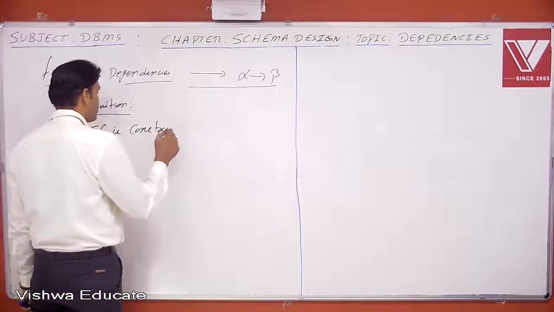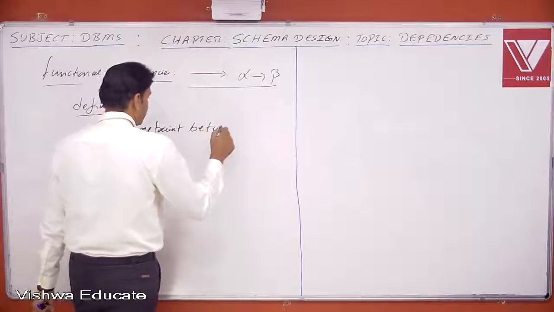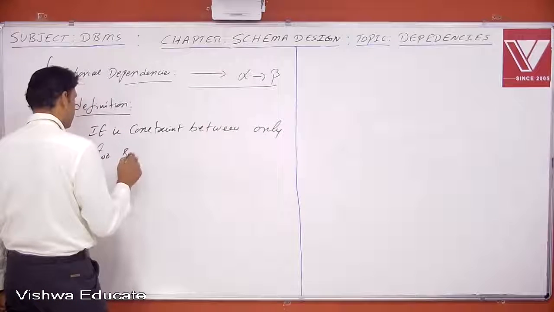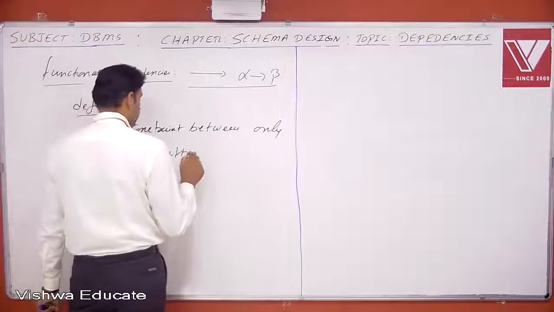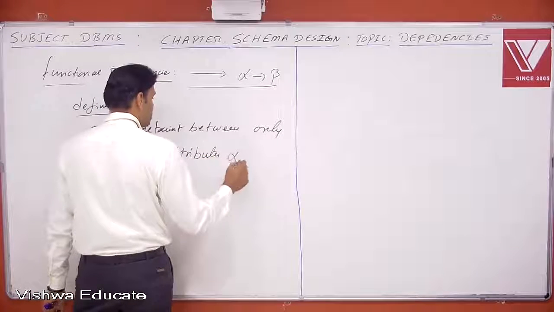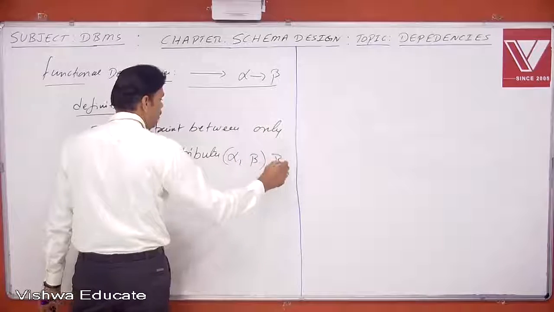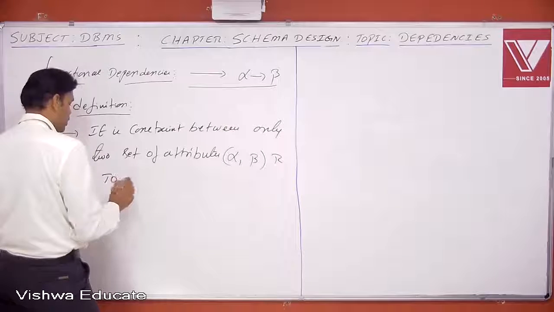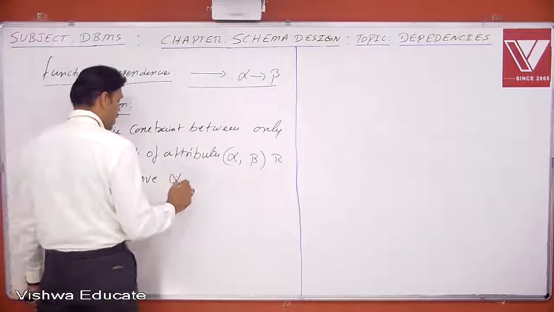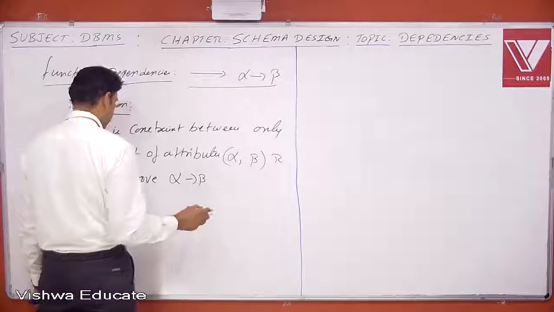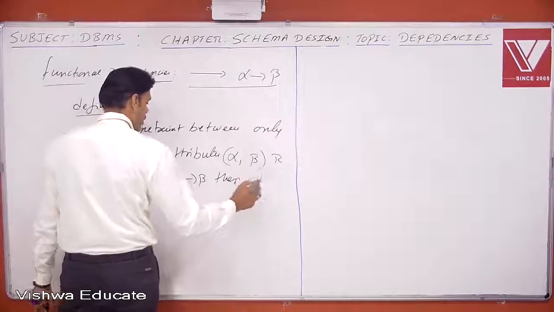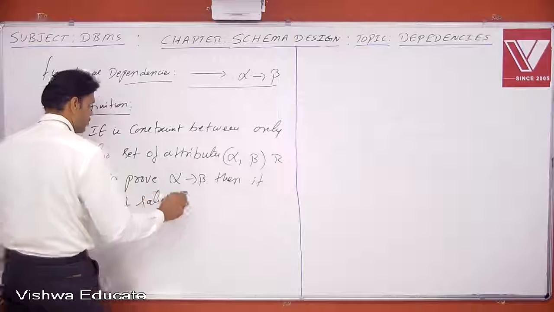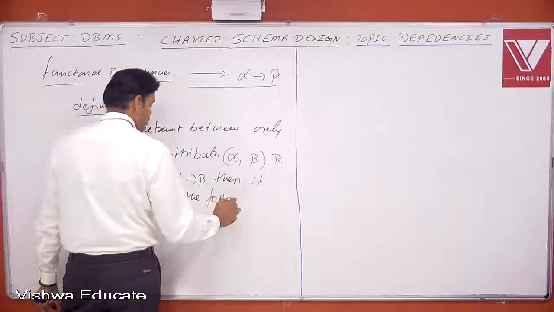It is a constraint between only two sets of attributes, that is alpha and beta of relation R. So, to prove alpha tends to beta, it must satisfy the following condition.